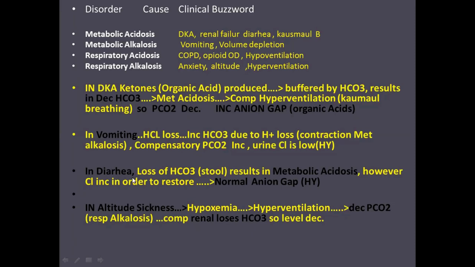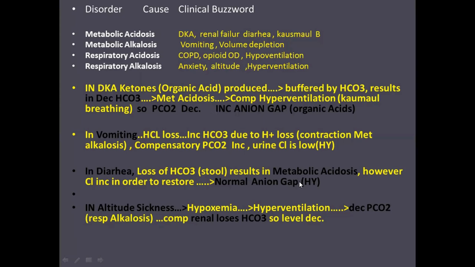So diarrhea is associated with hyperchloremic metabolic acidosis, because chloride increases so that the anion gap isn't affected. That is the reason in diarrhea there is a normal anion gap.